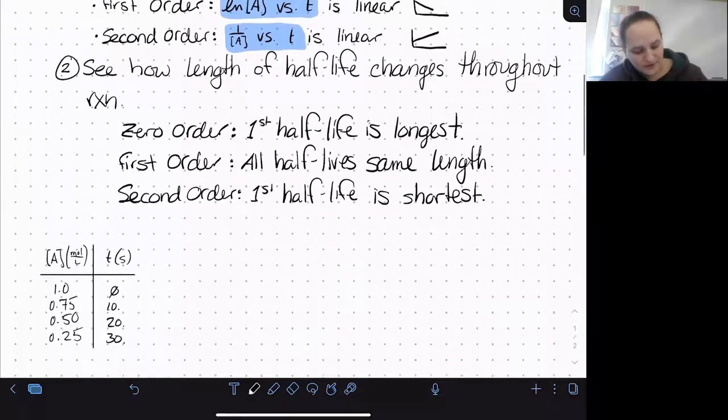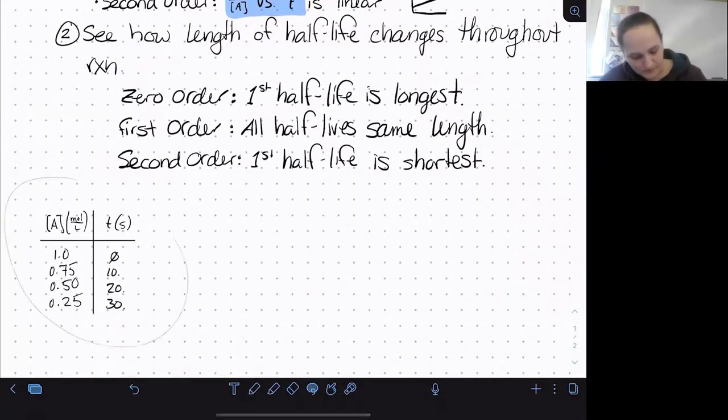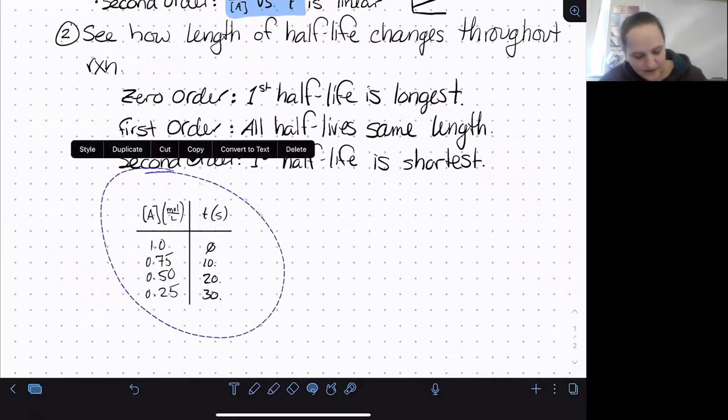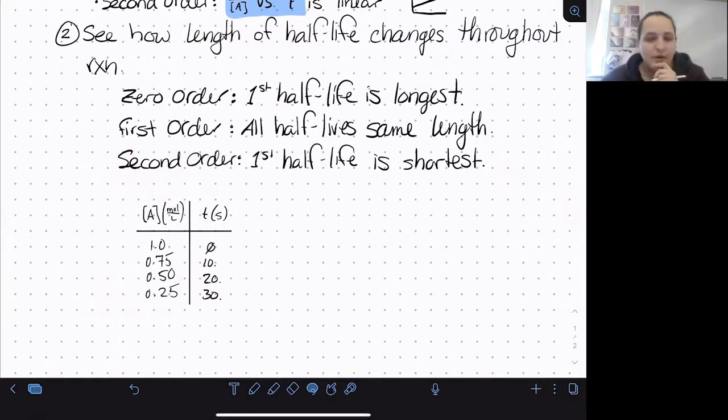So what this looks like in data, looking for half-lives, is looking for when my concentration is being cut in half. So in this example, we're starting at a concentration of 1.